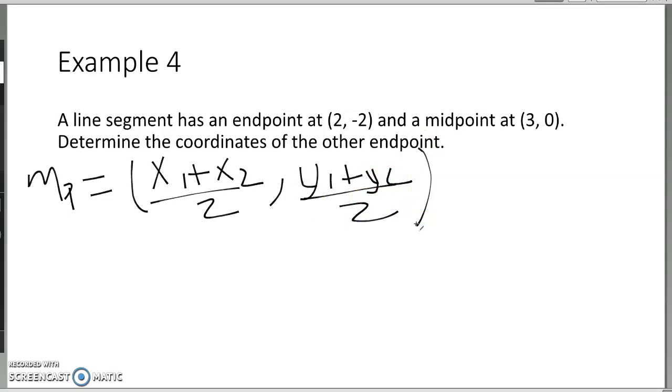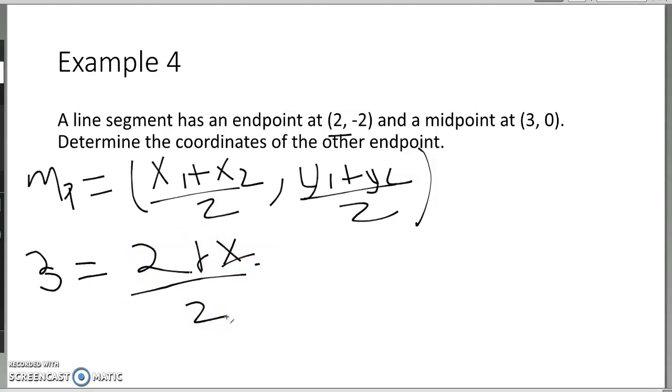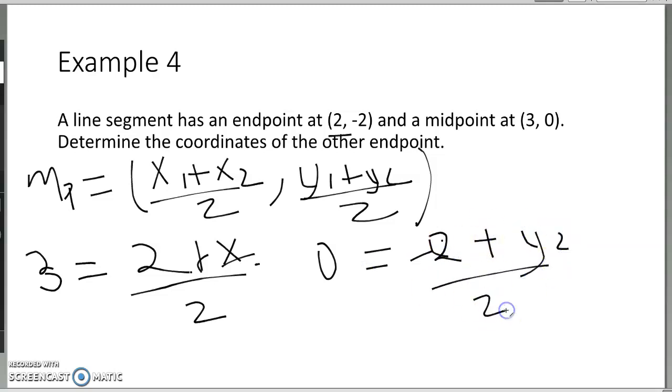I know my midpoint is 3, so I'm going to say 3 is equal to my x value, 2 plus x2, divided by 2. And then for my y, I have 0 is equal to -2 plus y2, divided by 2.